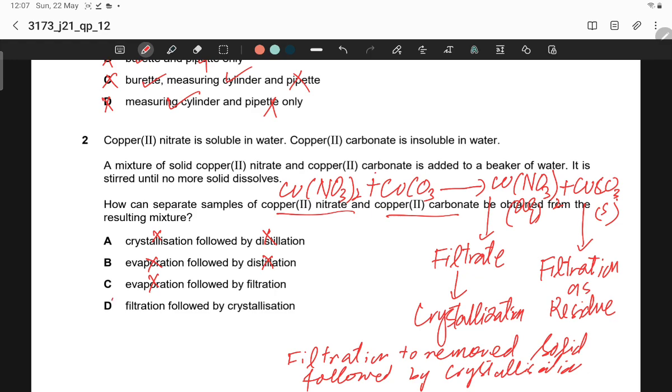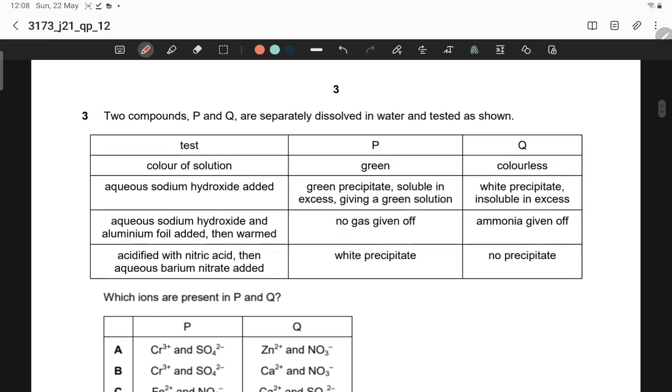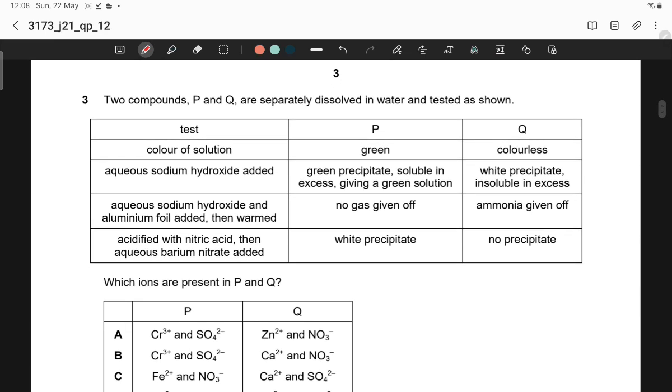So option D is the correct option: filtration followed by crystallization.